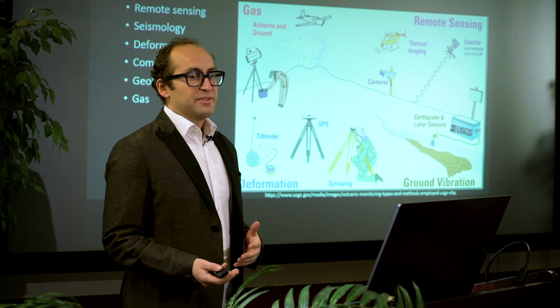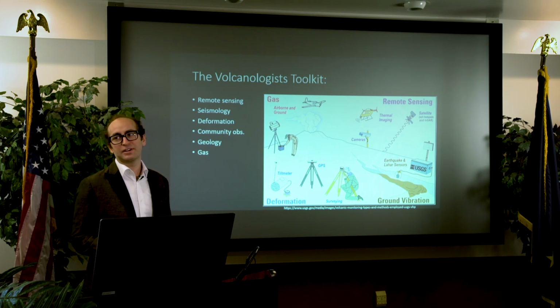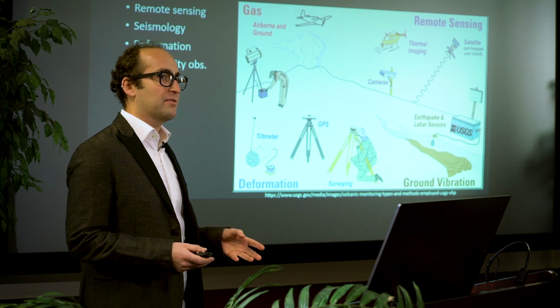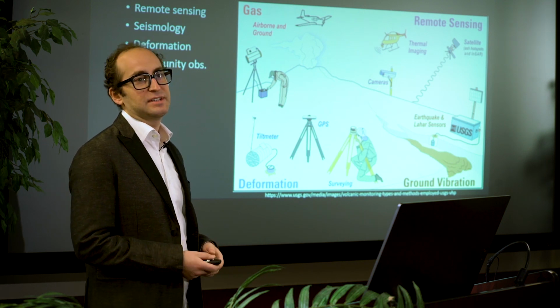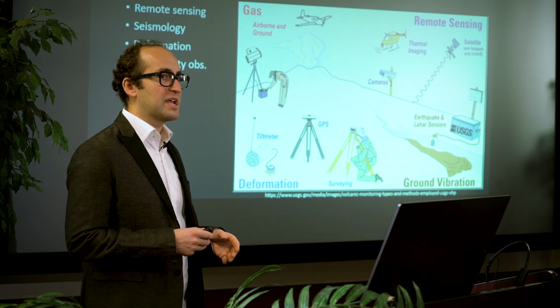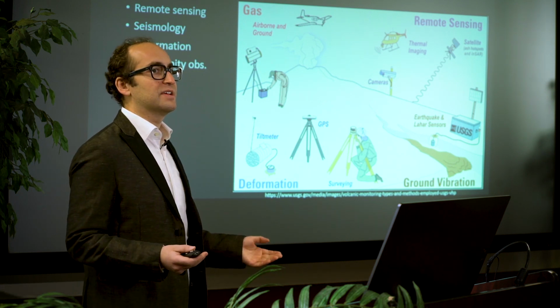So how do we look at these volcanoes in specific? One of the great things about working at the Alaska Volcano Observatory, for me at least, has been the interdisciplinary nature of the program. So we bring together a lot of different people with different backgrounds, including geology and physics and chemistry, to work together to try to forecast eruptions and monitor the behavior of volcanoes that were sort of highlighted in the previous slide.